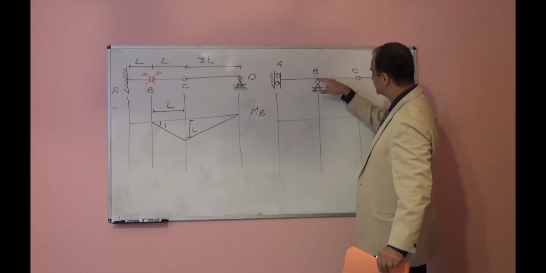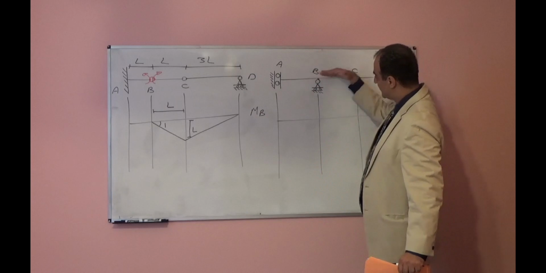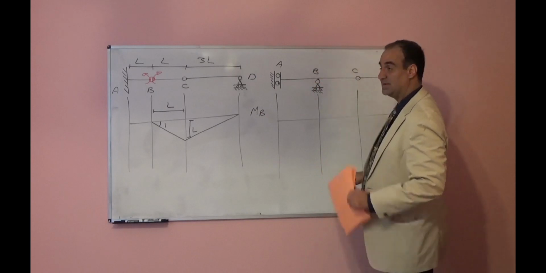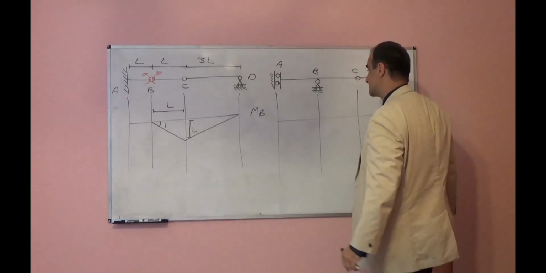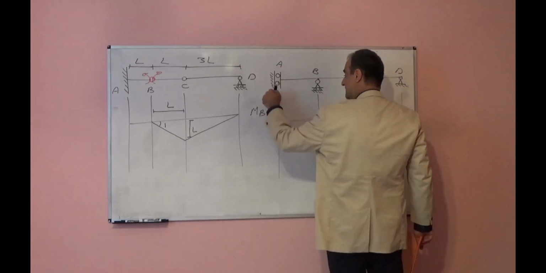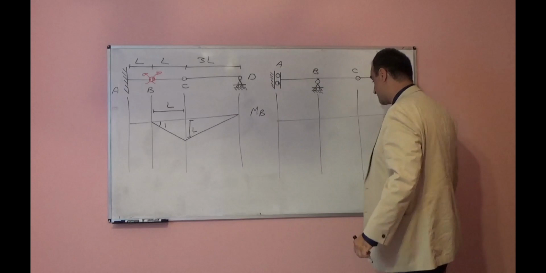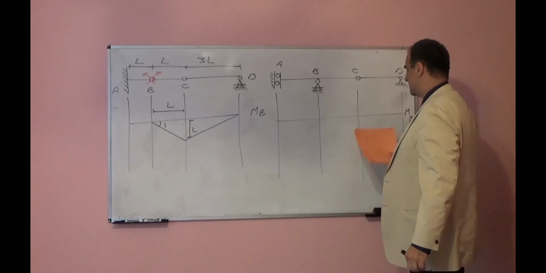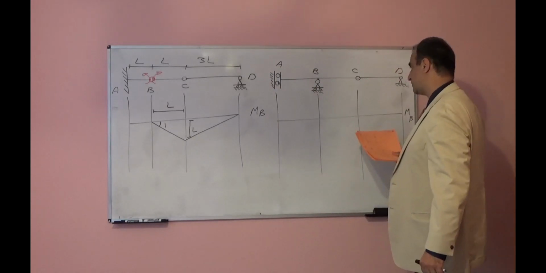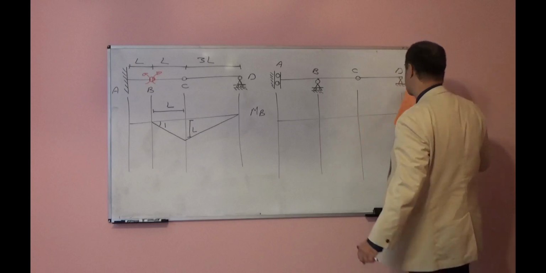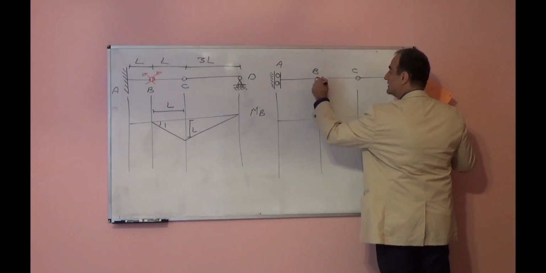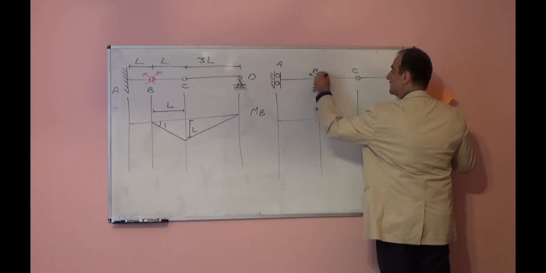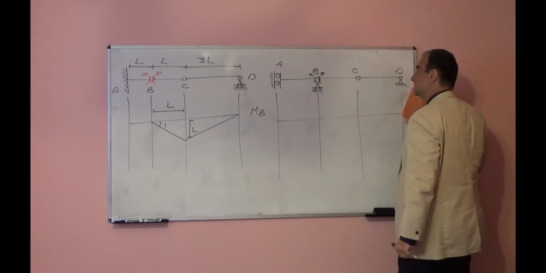Here, this beam is continuous and it passes over this hinge, and here we have shear connection. So this kind of support we will have bending moment but no shear force or force reaction. So if I want to draw moment influence line for this beam, I should put hinge here, apply rotation here.